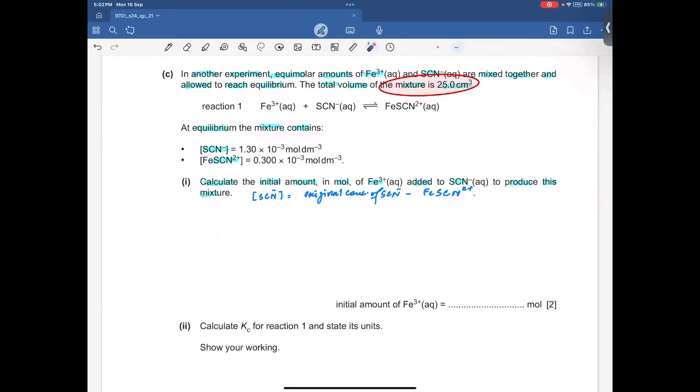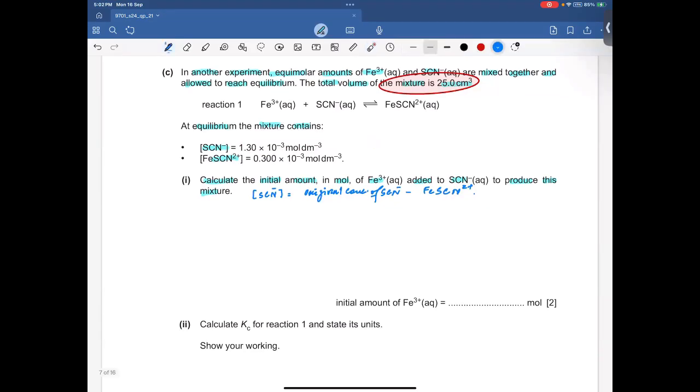And since SCN- and iron 3 ions have a 1:1 ratio, whatever the concentration of SCN- would be, that is the concentration of Fe3+ ions. So hold on, this is the first point, this is the second point.